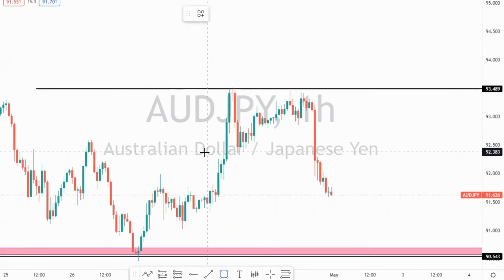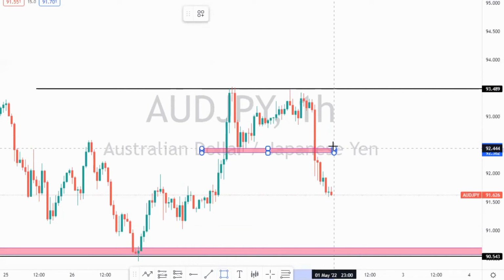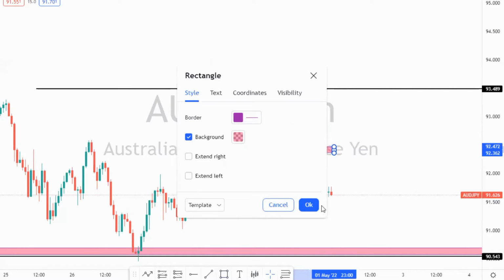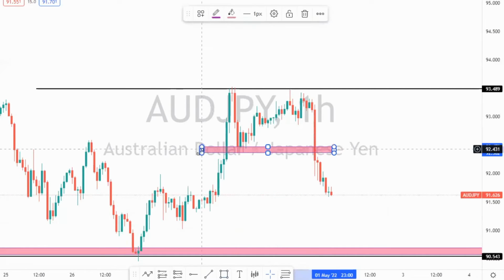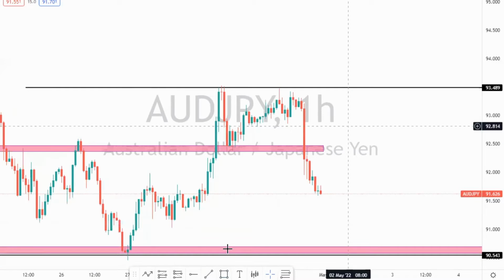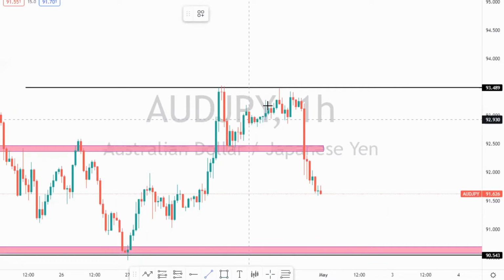So for this double top, I'm going to identify my resistance. So I can stretch it all the way to the left hand side to cater for the past touches. And again, on this double top, I can see that we had an impulse, a corrective structure to retest our resistance. That's why we had a double top.